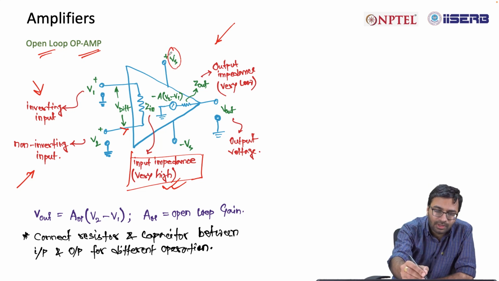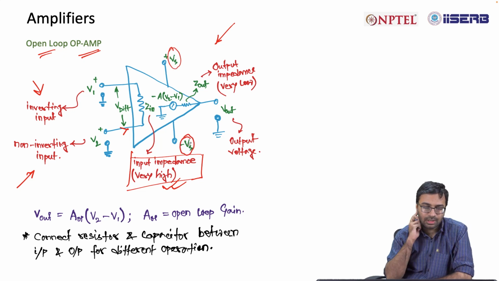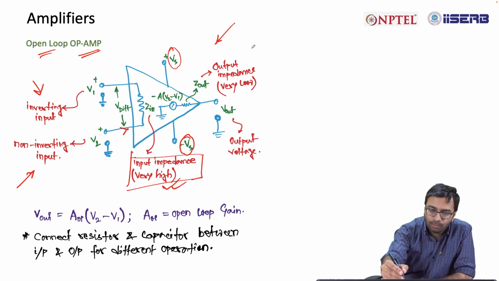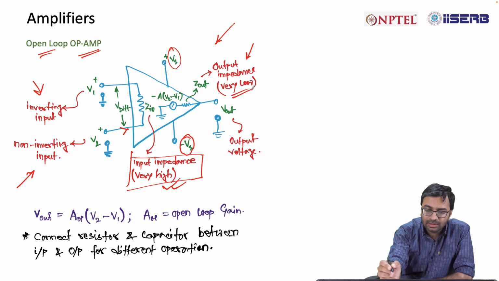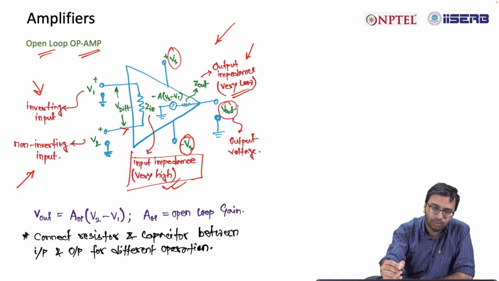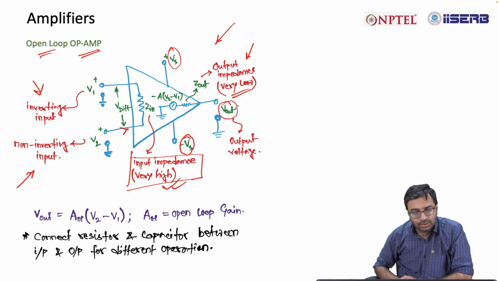Then there are supply voltages associated with the operational amplifier, and then you have an output impedance which is usually very low. So output impedance of different operational amplifiers is low, and then you have an output voltage. So these are the basic details regarding the operational amplifier.